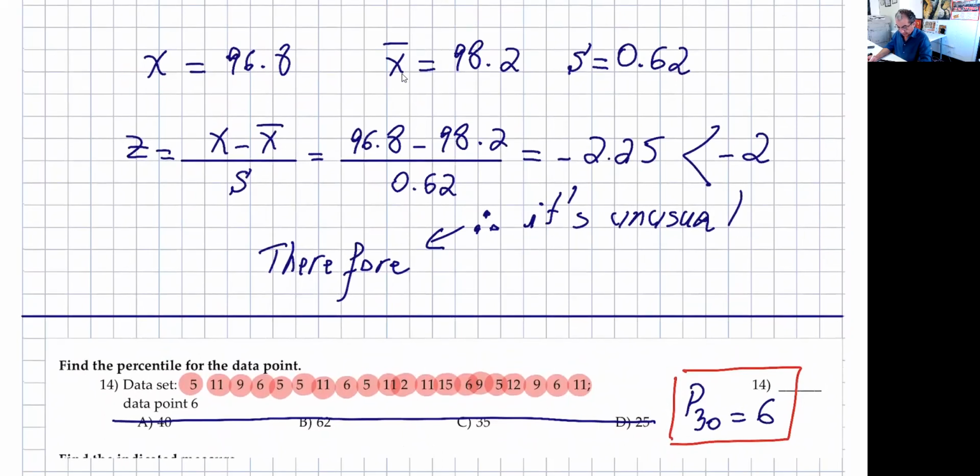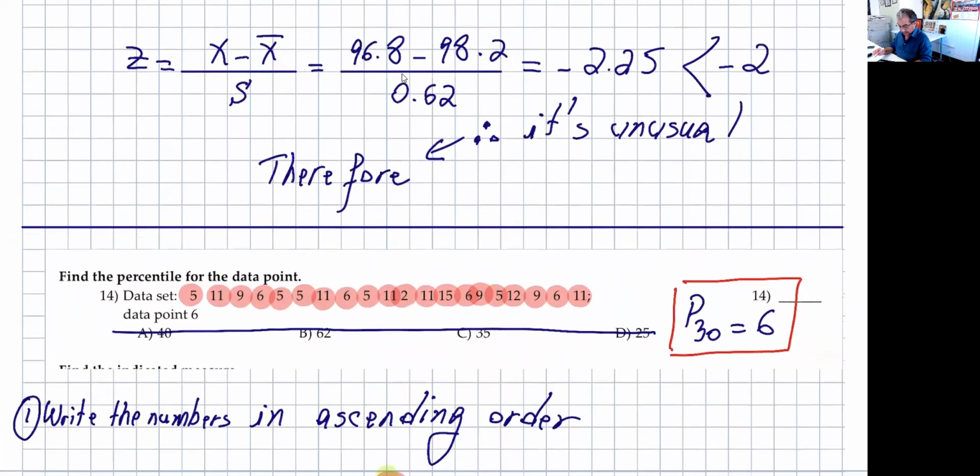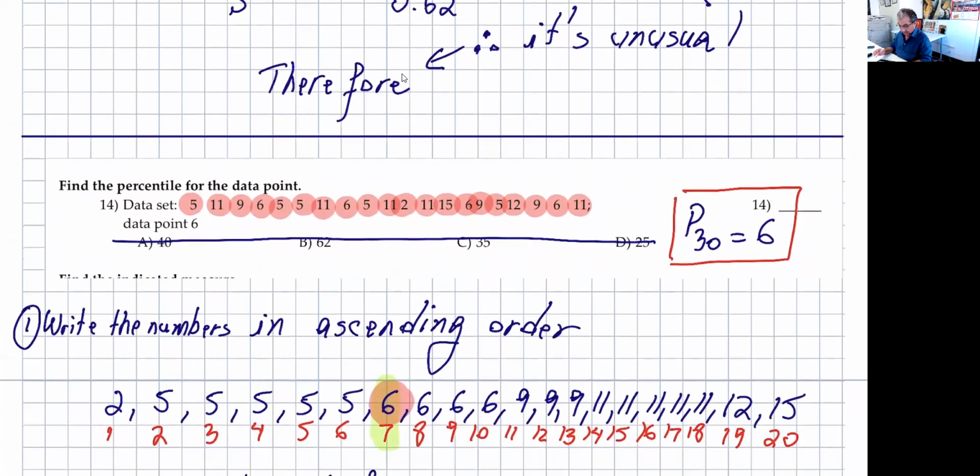Number 14, I want you to be careful with this problem because it was wrong. Find the percentile of the data value 6. First, just like we did in class, you write the numbers in ascending order. Then you pick the first 6.